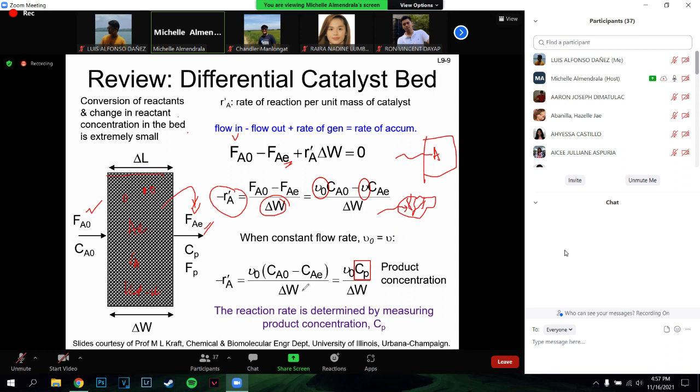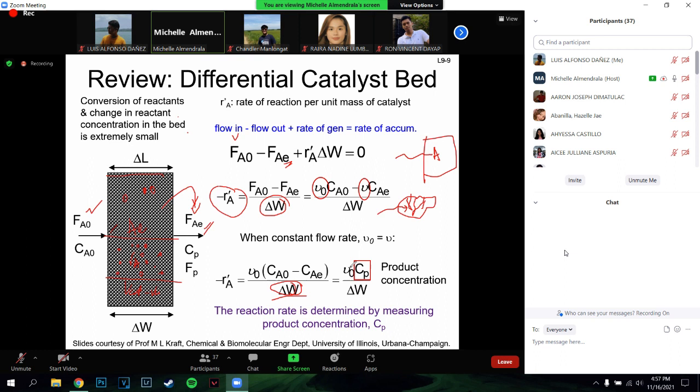So that's why you have to know the weight of the catalyst per unit volume of the reactor. This is the volume of the reactor: how much catalyst is present there? Definitely, in a packed bed reactor, you have to know the weight of the catalyst per unit volume where the reaction is taking place.